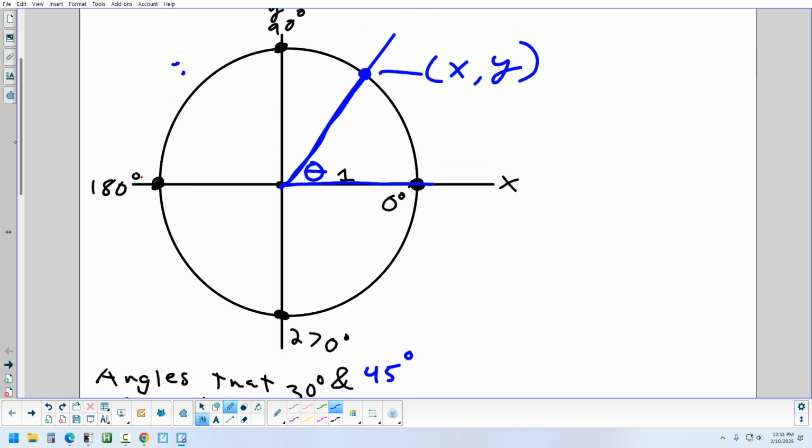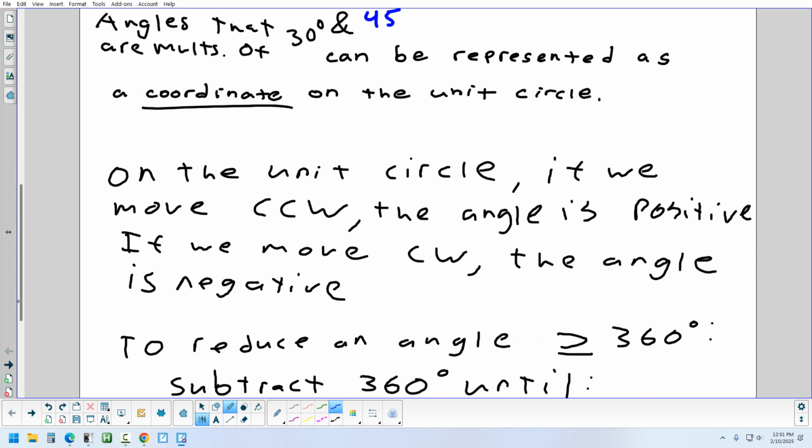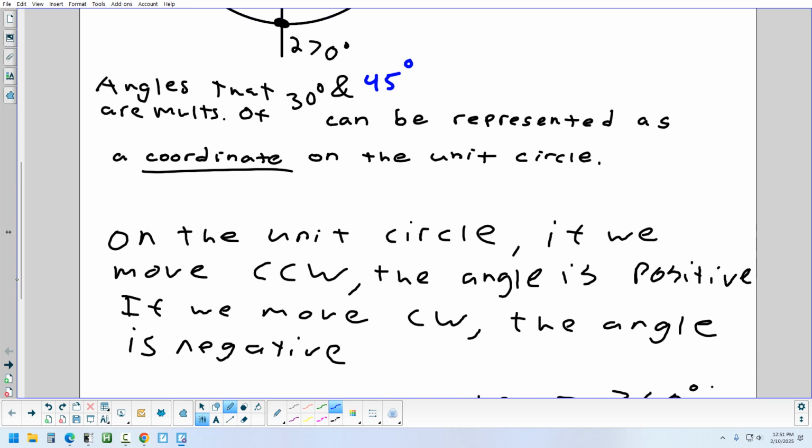When we rotate on the circle, there are 2 different directions. Does anybody know how we describe the 2 ways that you can rotate on a circle? Counterclockwise and clockwise. Yep. The only difference between rotating clockwise versus counterclockwise is whether you have a positive angle or a negative angle. Positive angle is counterclockwise.